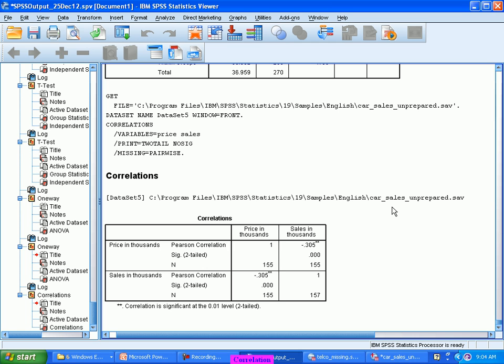Minus 0.30 means there is a negative correlation. So if one is going up, the other is going down. If the price is going up, the sales are going down. And because it is not close to -1, the value lies between -1 and +1. The more it is closer to -1, the stronger is the relationship.